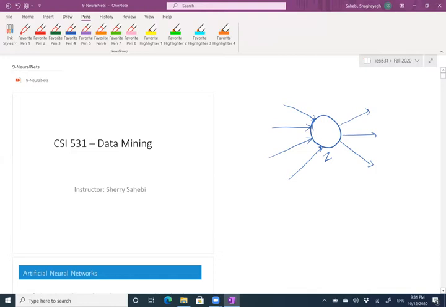The inputs, let's call them Xi. Usually they are connected to a neuron with a weight, let's say Wi, and then they are having some outputs, let's say Yk. So this neuron is a basic unit for a neural network.